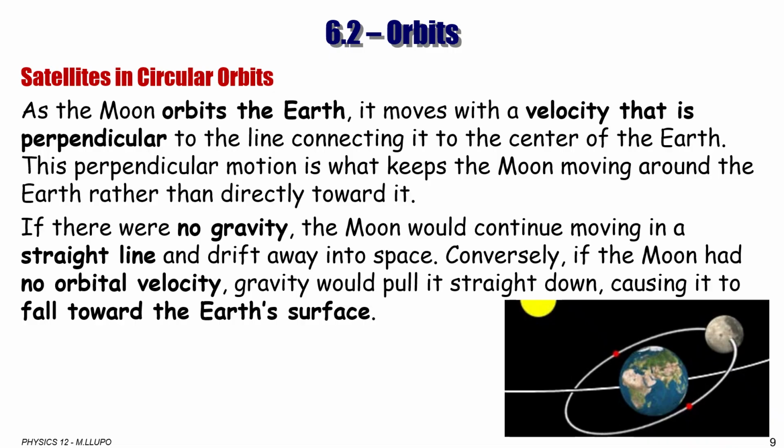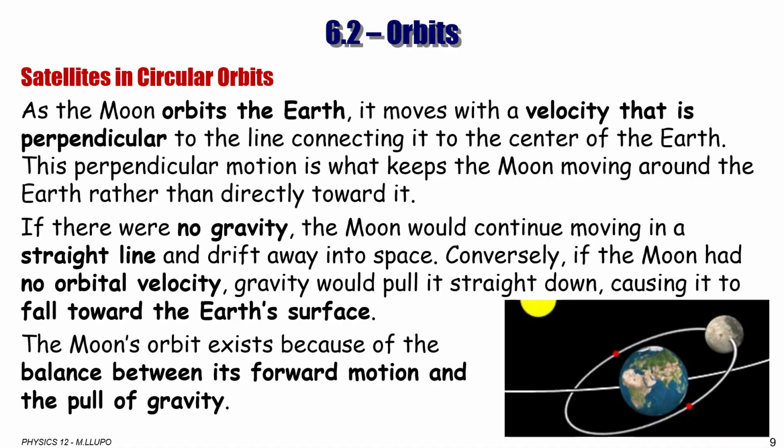If there were no gravity, the Moon would continue moving in a straight line and drift away into space. If the Moon had no orbital velocity, gravity would pull it straight down, causing it to fall toward the center of the Earth. The Moon's orbit exists because of the balance between its forward motion and the pull of gravity.